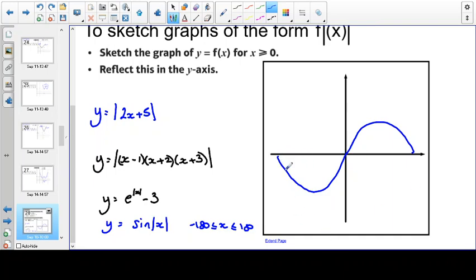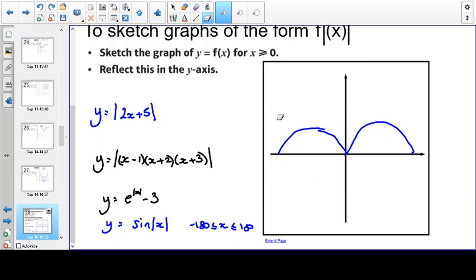That's sine from minus 180 to 180. Sine of modulus x, everywhere where x is greater than or equal to 0 gets reflected in the y-axis. So that would actually look like that, and that bit wouldn't exist.